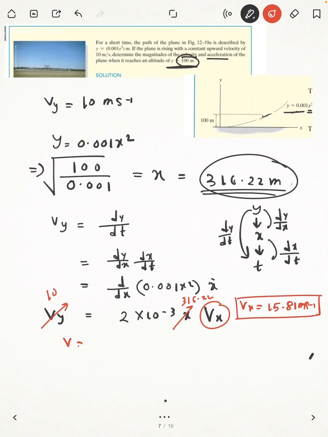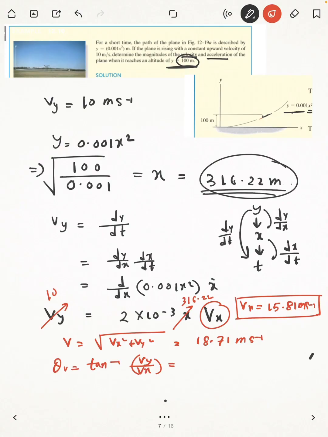Okay, and then the total v should be root over vx squared plus vy squared. It should be 18.71 meters per second. And what should be theta v? It should be tan inverse of vy by vx.